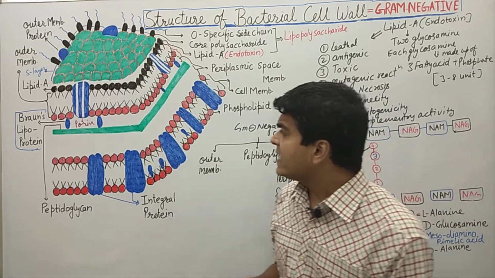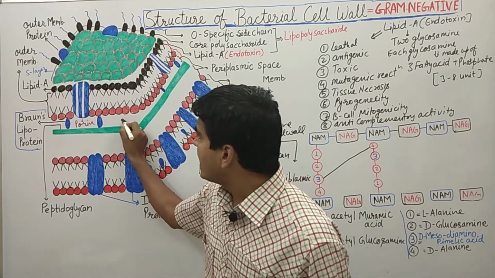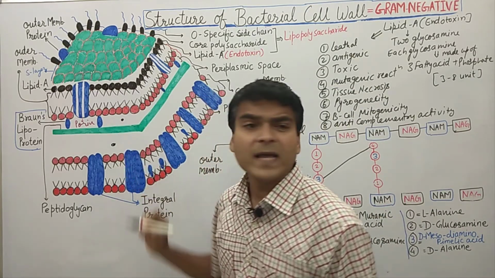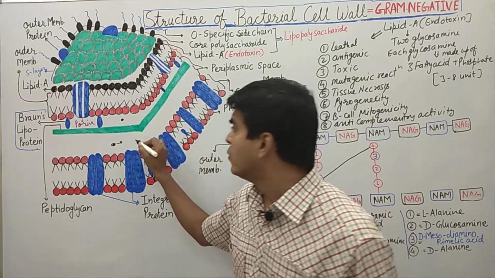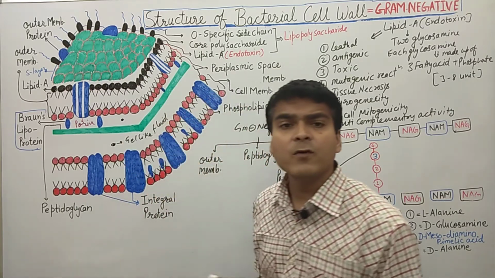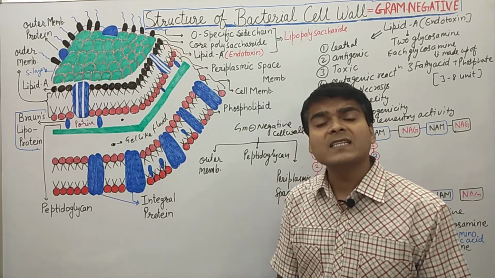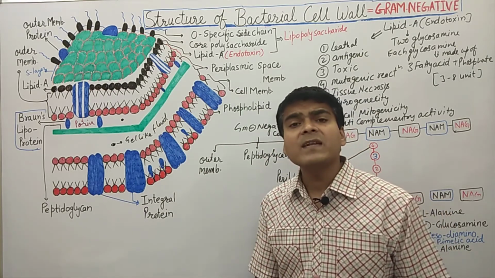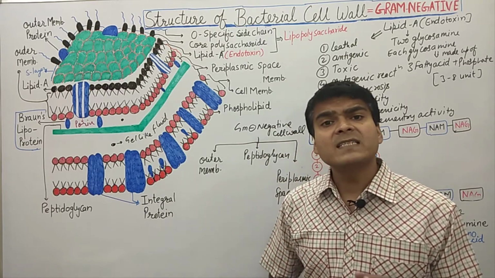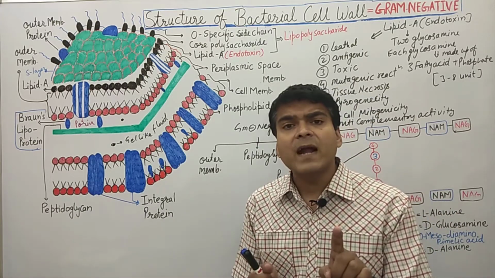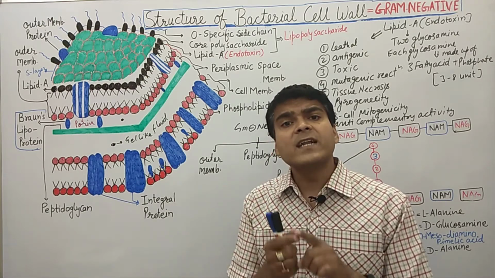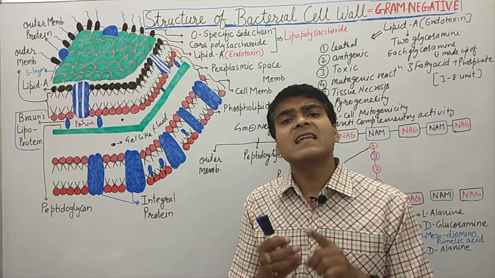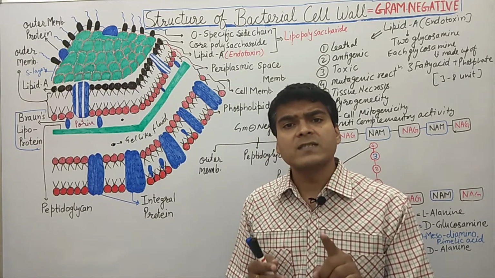So just look at here, this is the portion of periplasmic space and this is also the portion of periplasmic space. Here we find a gel-like fluid. This gel-like fluid is found in the periplasmic space, and just remember that the periplasmic space is very large in gram negative bacteria and very small in gram positive bacteria, or we can consider it negligible in gram positive bacteria.